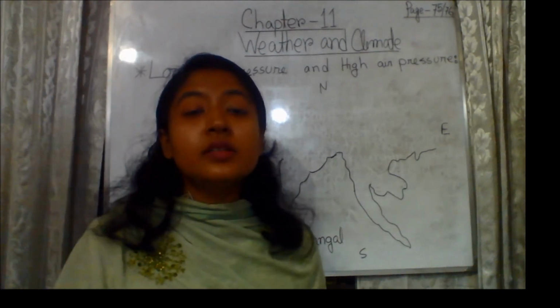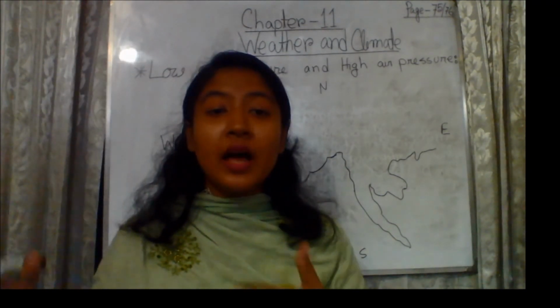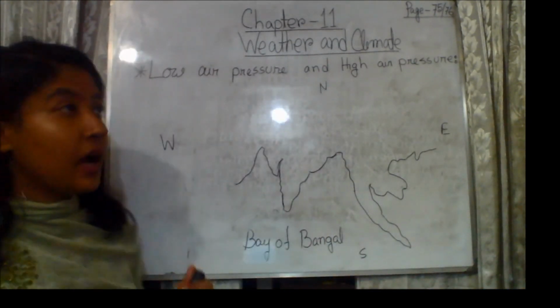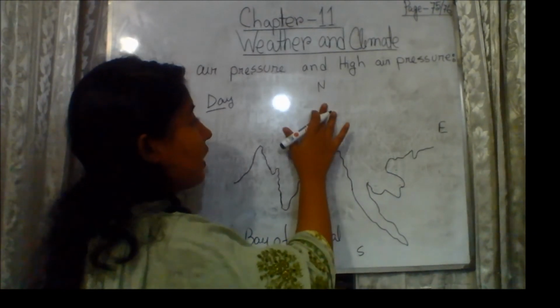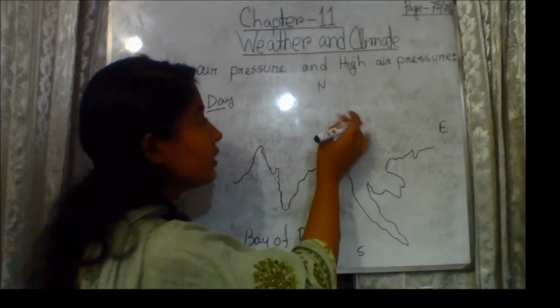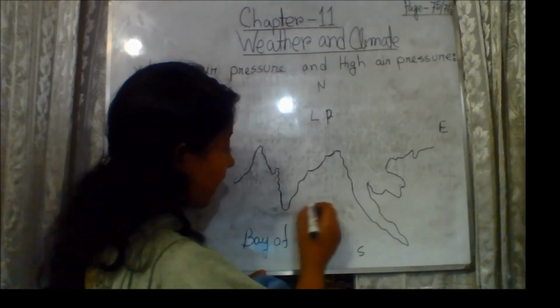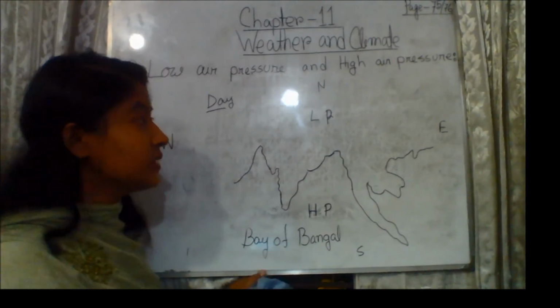Now all of us know that air always blows from the high pressure area to the low pressure area. So in daytime, the air adjacent to the land portion creates low pressure here and high pressure above the sea.